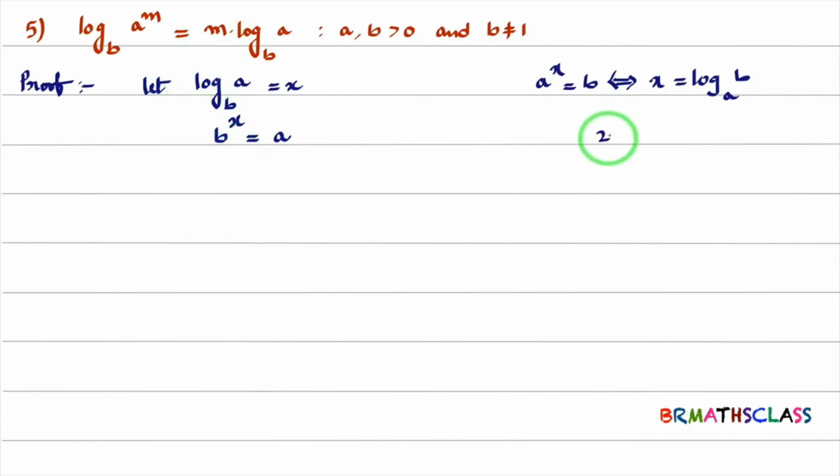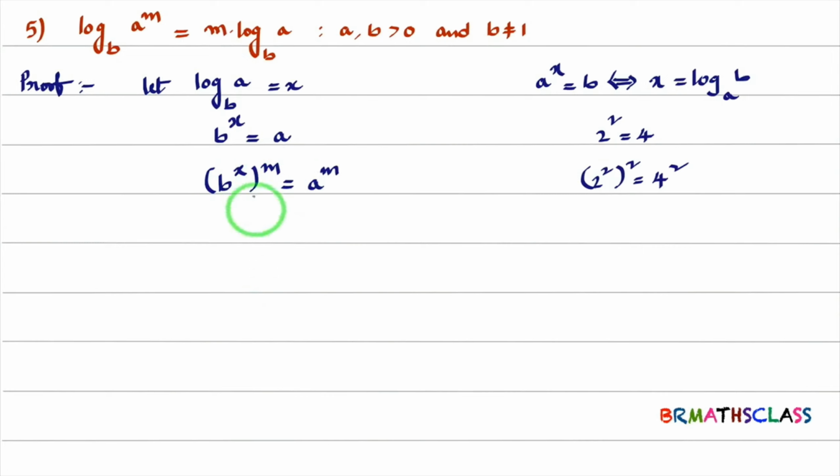For example, you see 2 square equal to 4. I can square this on both sides. 2 square whole square is 4 square. I can square like this. In the same way, here I'll take whole power m on both sides: b power x whole power m equal to a power m.